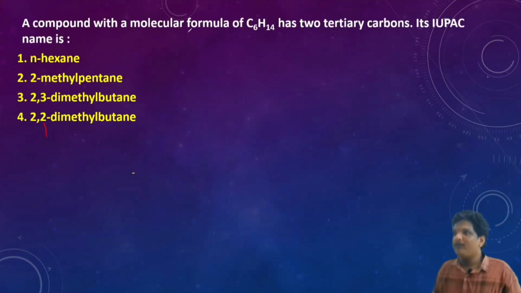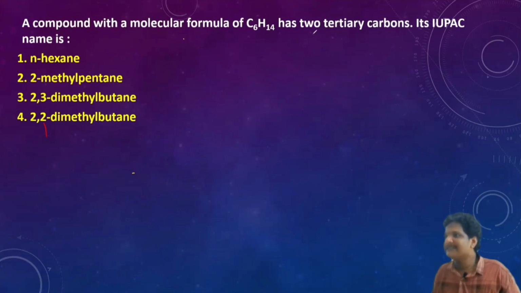A compound with molecular formula C6H14 has 2 tertiary carbons. Its IUPAC name is?